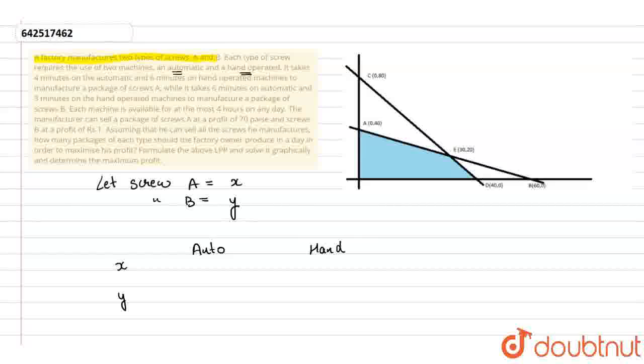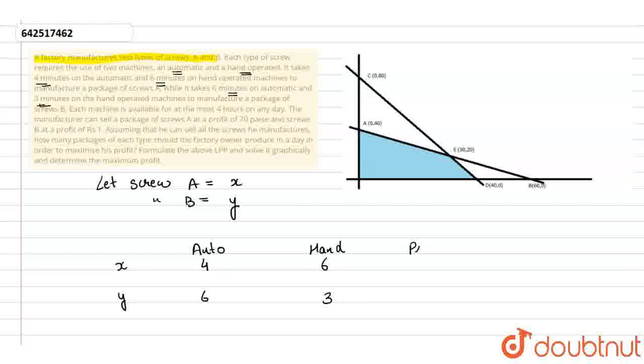It is also given that screw A takes 4 minutes on automatic machine and 6 minutes on hand operated machine. So it will be 4 minutes on automatic and 6 minutes on hand operated. And screw B takes 6 minutes on automatic and 3 minutes on hand operated.